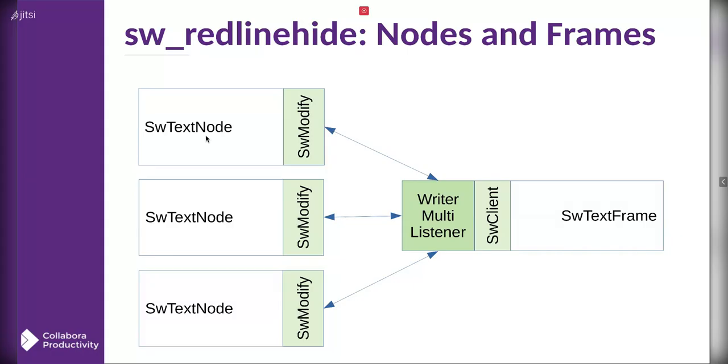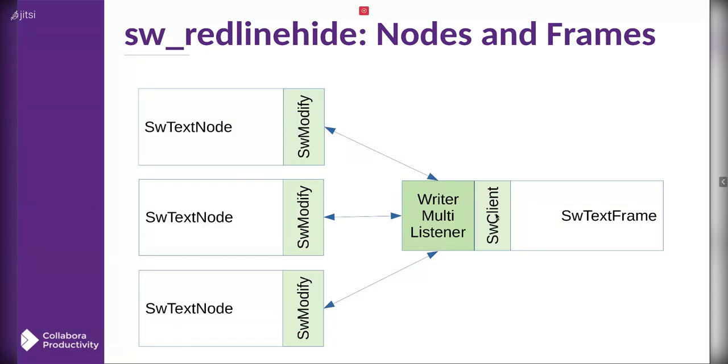And the SwClient can only listen on one text node at a time. For that reason, we need this additional writer multi-listener object, which is essentially a level of indirection, so that the multi-listener collects all of the events that are sent from any of the text nodes and forwards them to the single client implementation in the text frame.